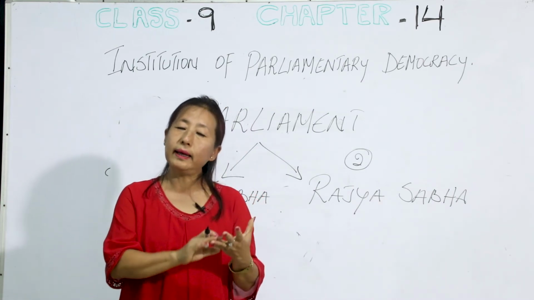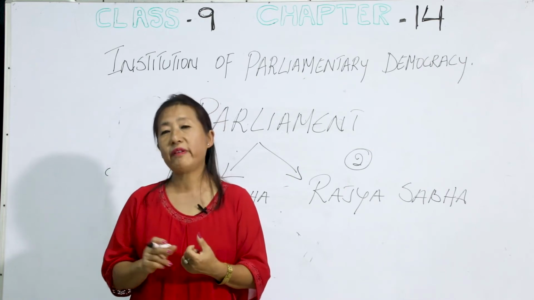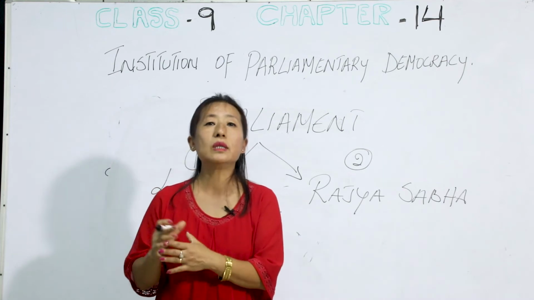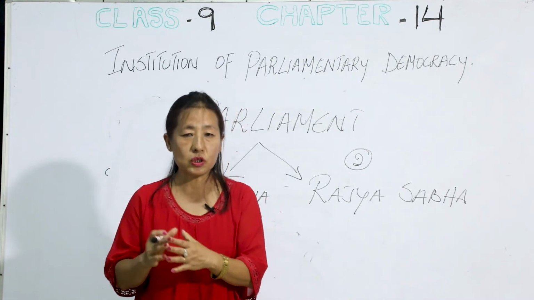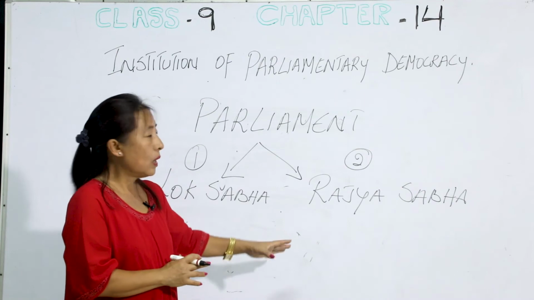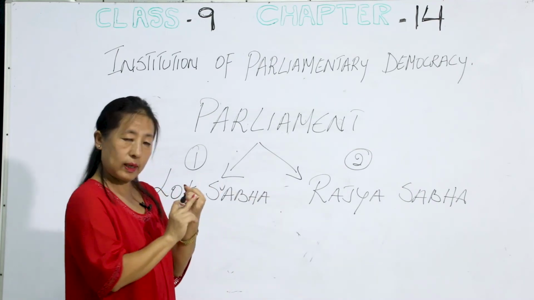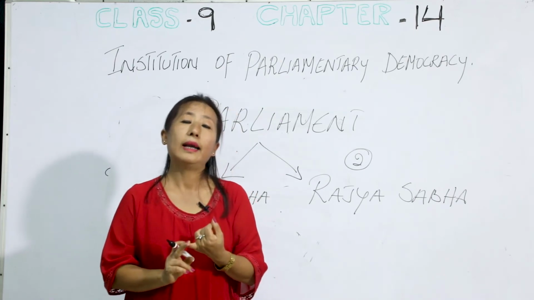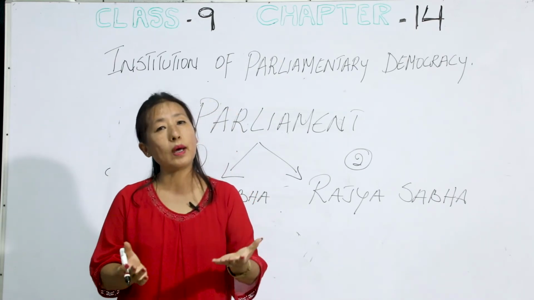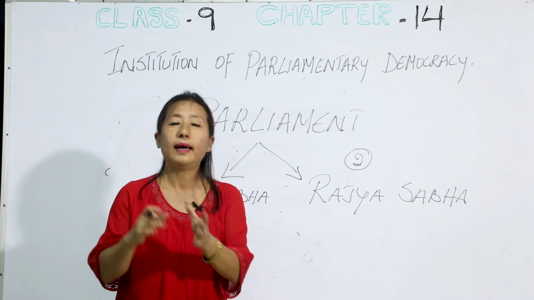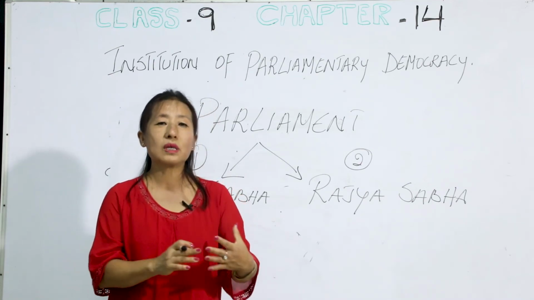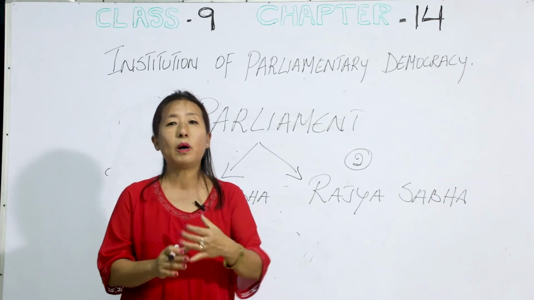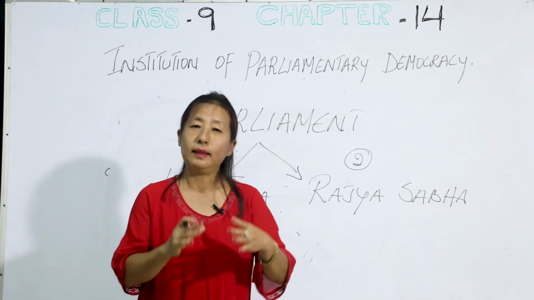Then another reason, which your textbook mentions as the relationship between the two houses. What is the relationship between them? Number one, Lok Sabha members are elected directly by the people, and that is why it is considered important. Another reason why Lok Sabha is considered more powerful than Rajya Sabha is the passing of law.